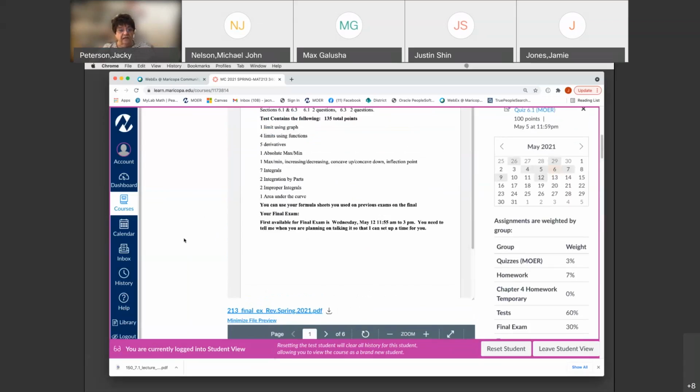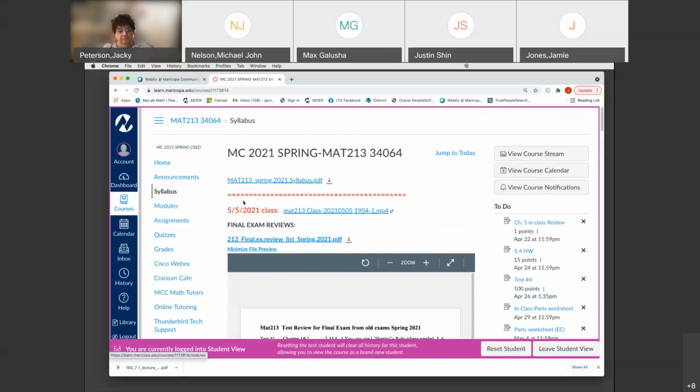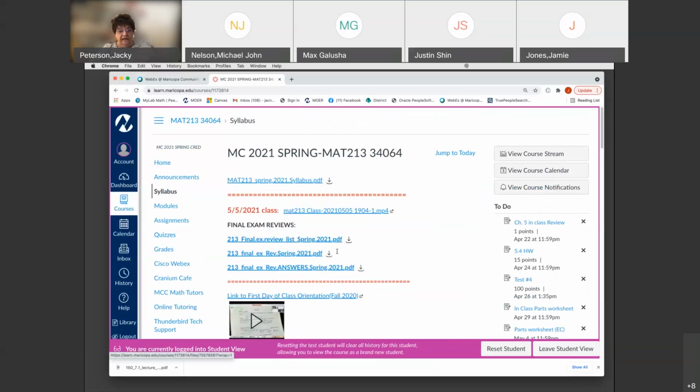So that's all set up, beginning to help prepare you for the final. I'm going to go ahead and reload that so that closes all that stuff out. So I have sent you at least these two things. I may not have sent you the answers, I don't remember. It was too late last night when I sent it out. I'm usually up somewhere between 4 and 5 because my first class is at 8.